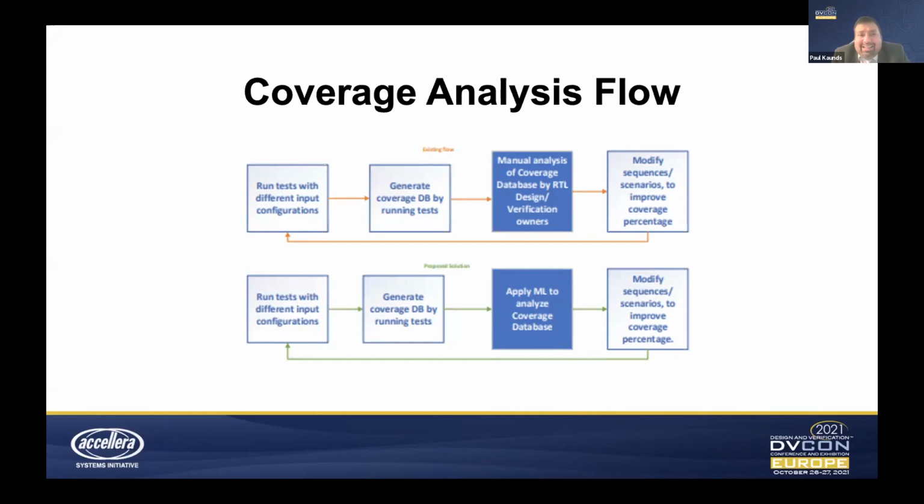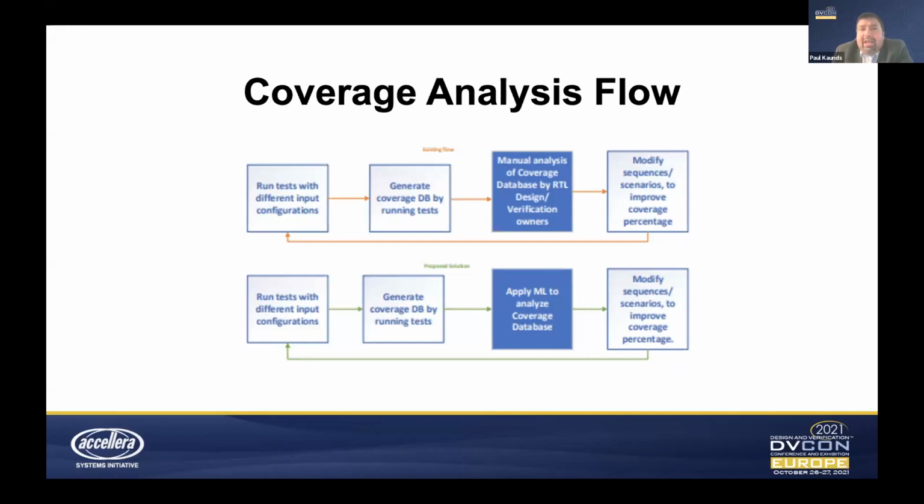You normally run the test with the different input configurations, data paths, all this. Coverage data, generate the coverage database. After the coverage database is done by running the tests, you do the manual analysis of the coverage database by RTL designers, verification owners, sometimes managers, sometimes project managers, whoever it is. But basically, it will be by designers and verification engineers and verification owners.